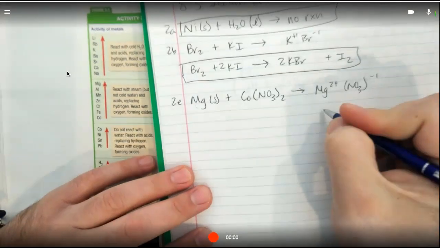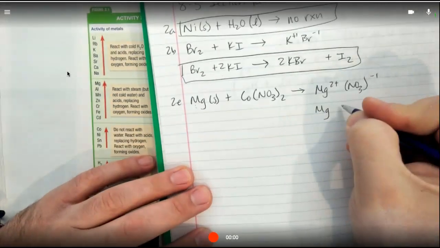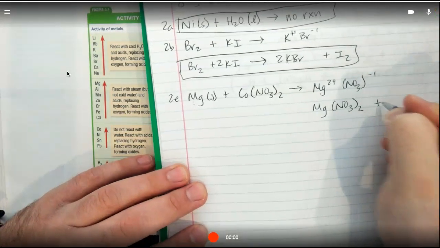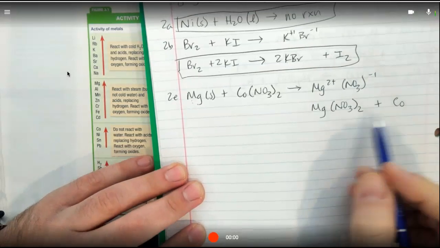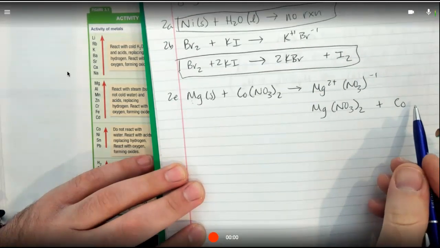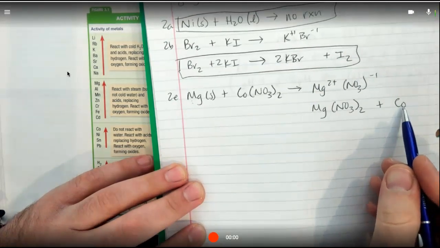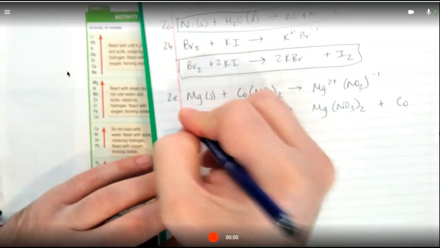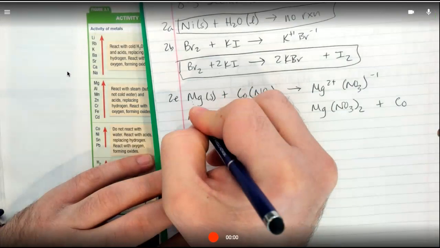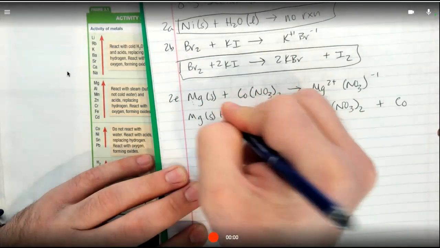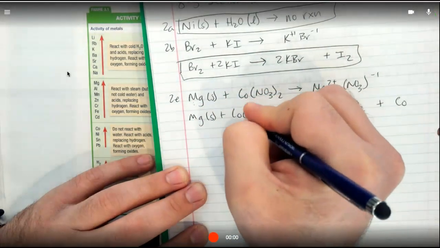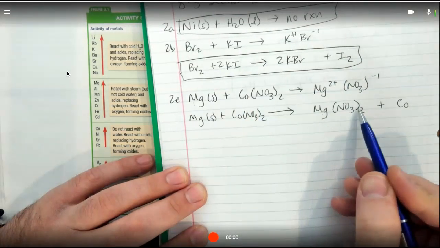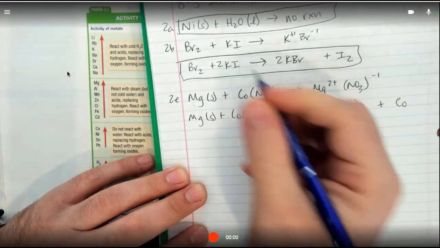We do our switcheroo, crisscross applesauce, and we end up with magnesium nitrate, and cobalt was kicked out to the side. Now, cobalt is not diatomic, so it's just written as Co. So our equation will be magnesium plus cobalt(II) nitrate will react to produce magnesium nitrate and cobalt.